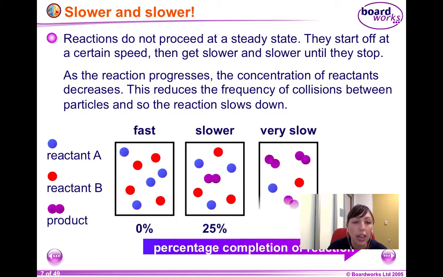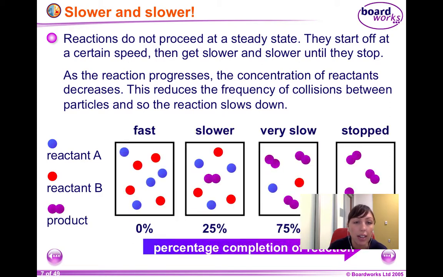If you look at this model, reactant A are the blue particles and reactant B are the red particles. When you first introduce them together, none of them have collided yet. It's at 0% reaction, right at the very start when you're introducing the reactants together. Then as particles start to collide, remember from random movement, if they have enough energy, they're going to collide and react.